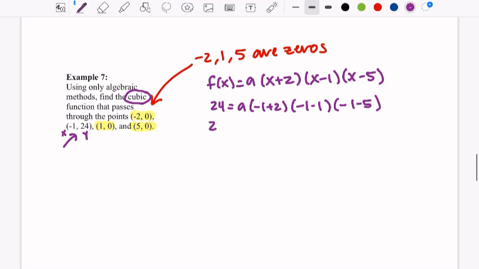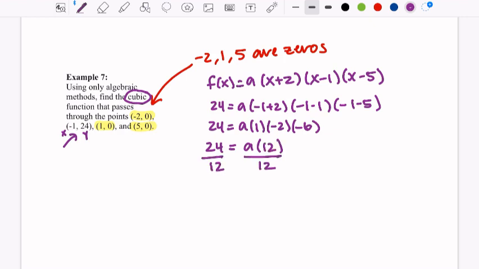So I have 24 equals a times, -1 plus 2 is 1, times -2 times -6. So 24 is equal to a times positive 12. Dividing both sides by 12, a is going to be equal to 2. So that's our leading coefficient.